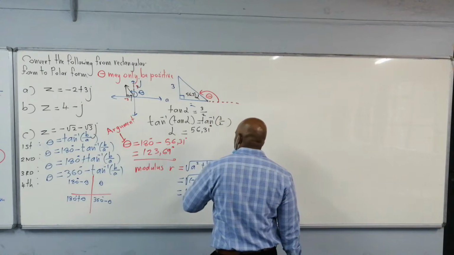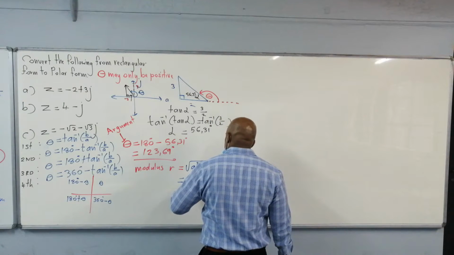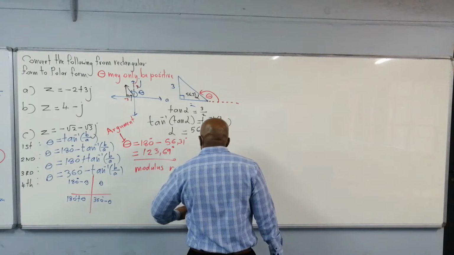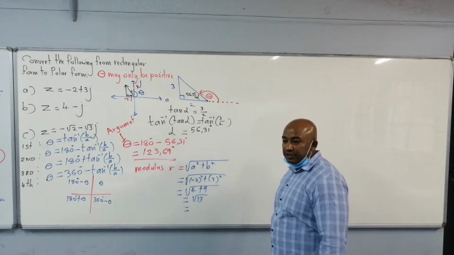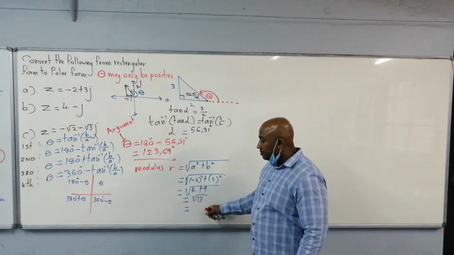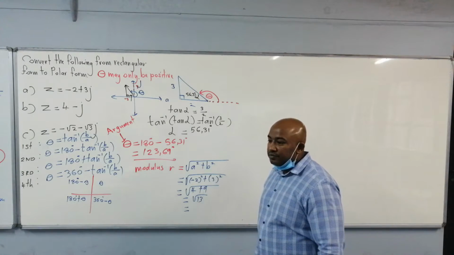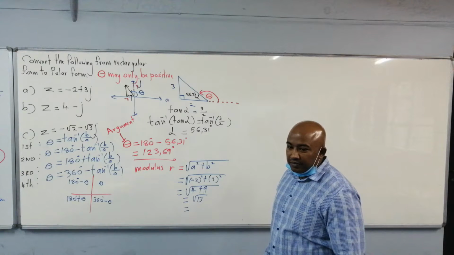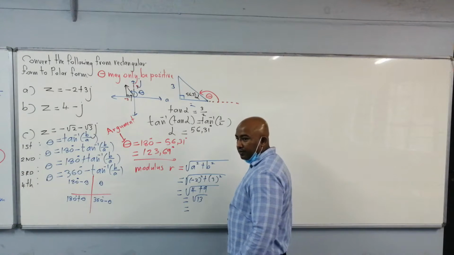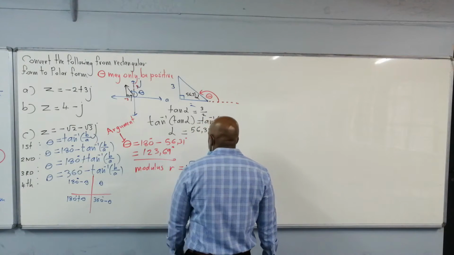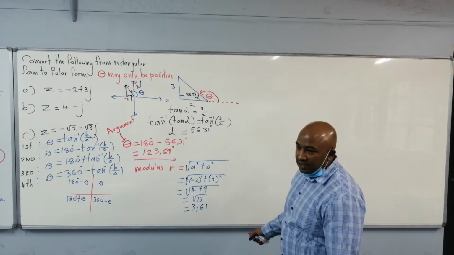That's the square root of 4 plus 9, which is the square root of 13. Round that off to 3 decimal places: 3,61. Right, so that was easy, the modulus.